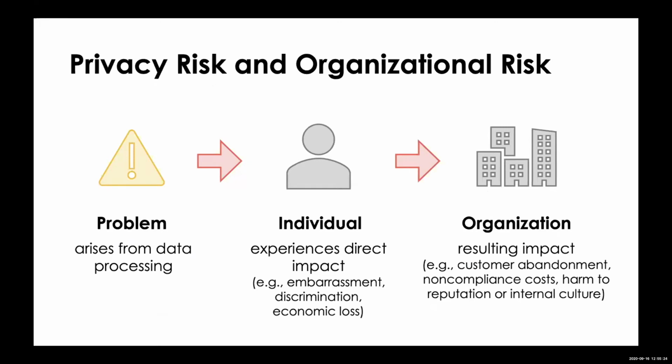Individuals can experience the direct impact of problems from data processing, and then organizations can in turn experience a knock-on impact, whether that's things like non-compliance costs, harms to reputation or internal culture, or other things. And so the privacy risk and the problems that individuals experience resulting from data processing need to be made visible to organizations. So we hope that framing it in this way can help bring privacy into parity with some of the other risks that organizations are trying to manage in their overall risk portfolio.